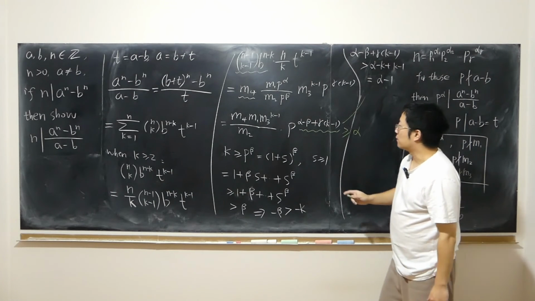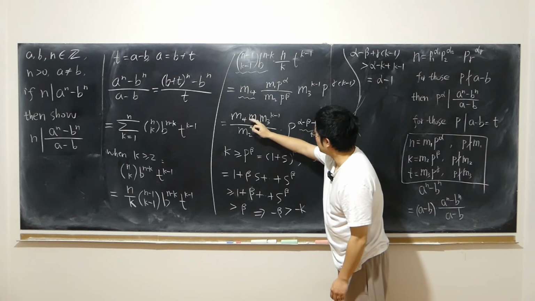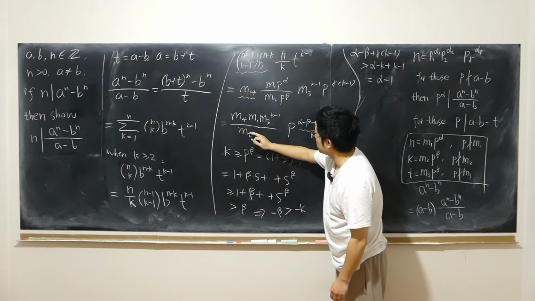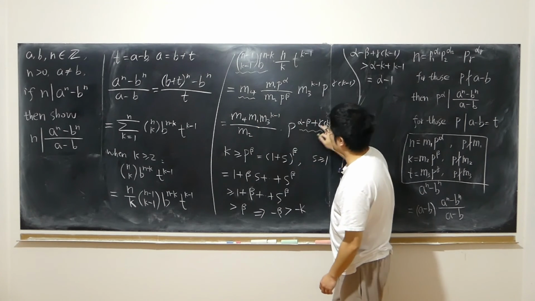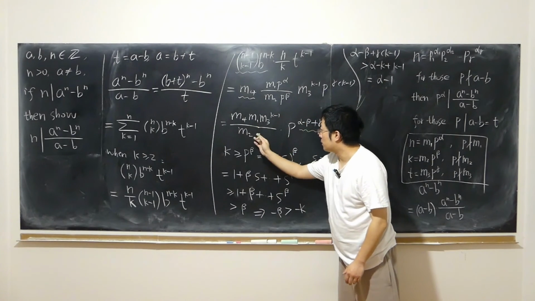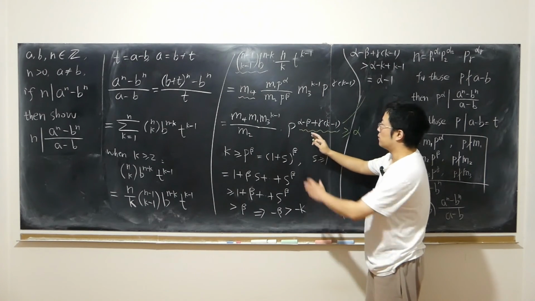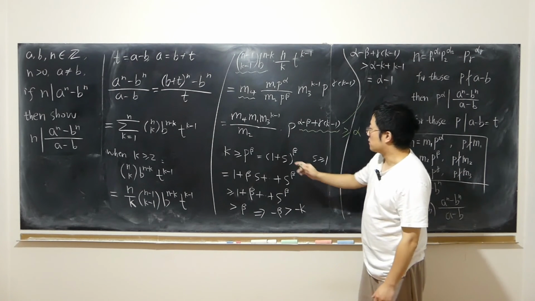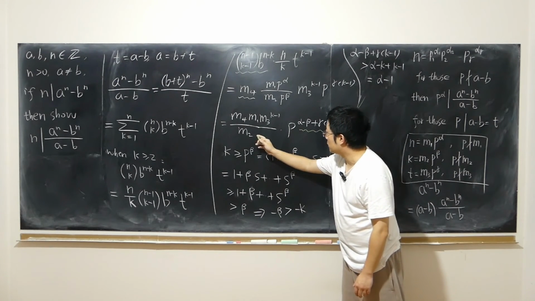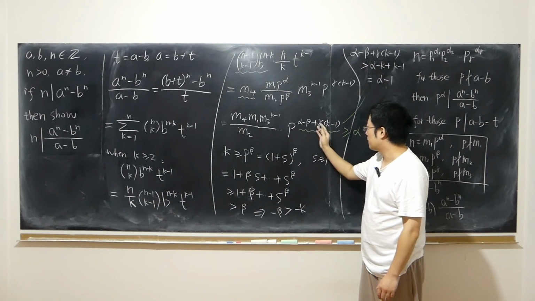So that means since after simplification, the bottom cannot be simplified with the top anymore, in order for it to be an integer, the bottom has to somehow simplify with this. Otherwise, it will be just a fraction and cannot be an integer. Which means the bottom, in the end, has to contain some p in order to simplify with this.